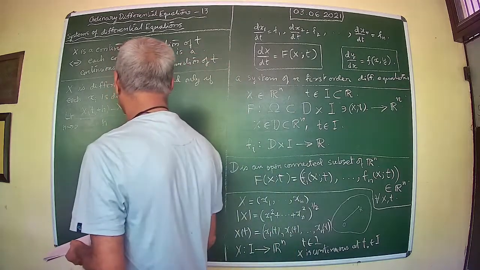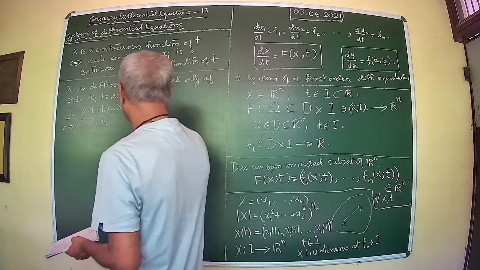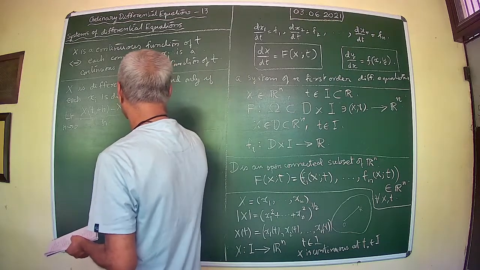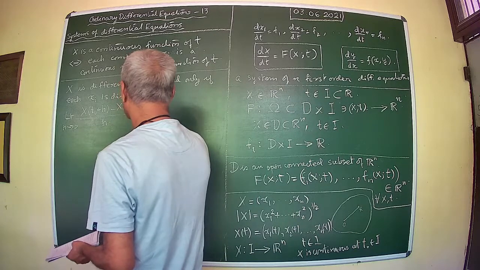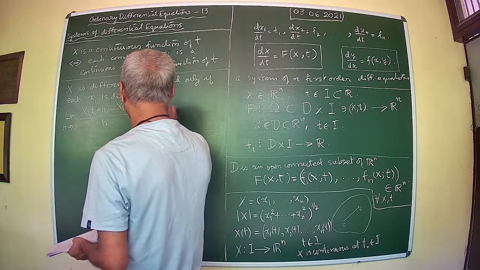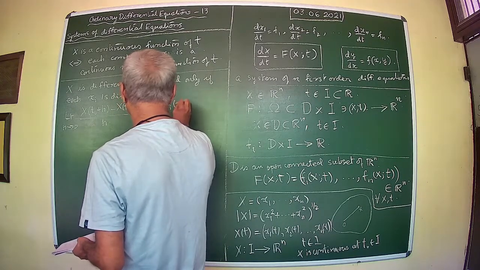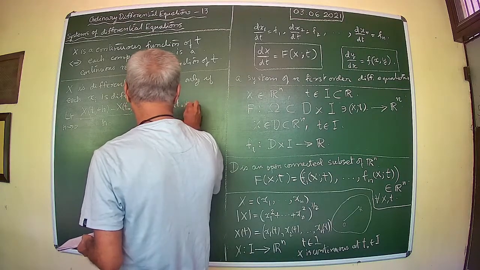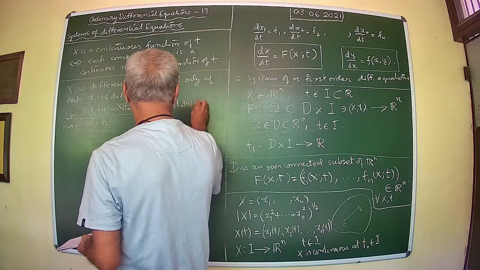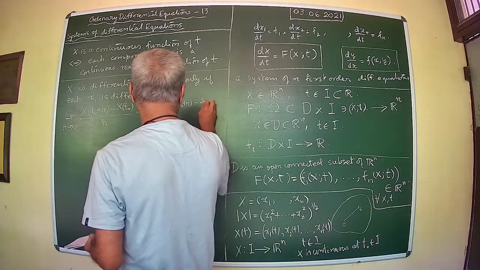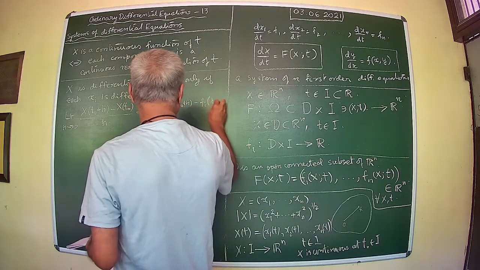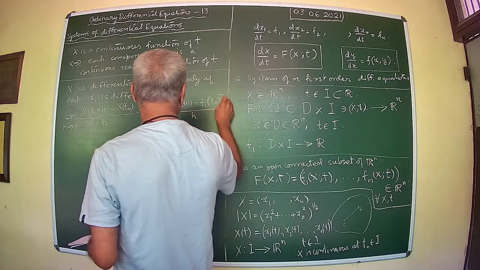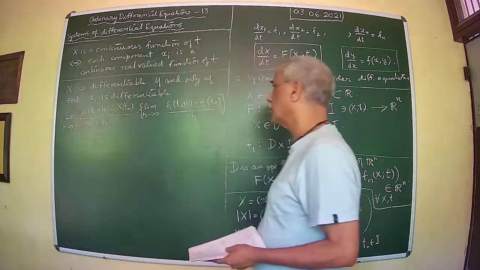Now this is equal to, see, you have got each of these, the n components of that.